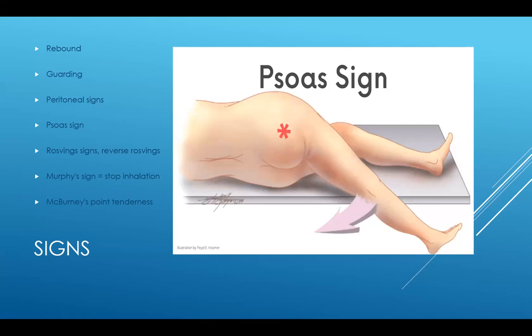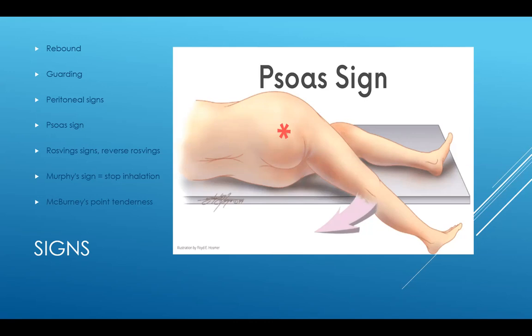A reverse Rovsing's is associated with diverticulitis, and you're actually pushing on the right quadrant and eliciting pain on the left. Murphy's sign is right upper quadrant pain, but it is specifically written for that sign that they take a deep breath, and as they're inhaling, you're tracking up that right upper quadrant, right up under the rib cage there, and they'll stop because it hurts so bad.